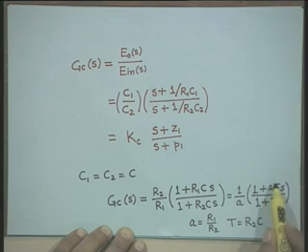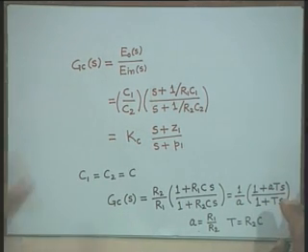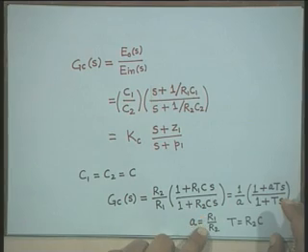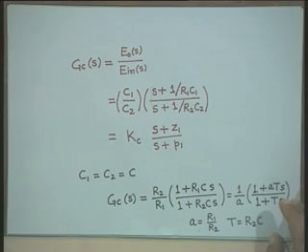For this phase lead compensator, A times T should be greater than T. Therefore, A has to be greater than 1, because T1 is greater than T2, that means R1 is greater than R2. If you want to get phase lag, then A will be less than 1, because sometimes we do require phase lag compensators in the design of controllers. At that time A will be less than 1. With A equal to R1/R2, the values of R1 and R2 can be so chosen that we get the required ratio.